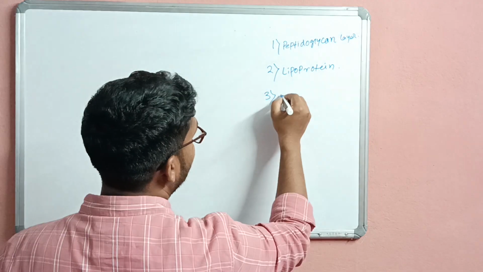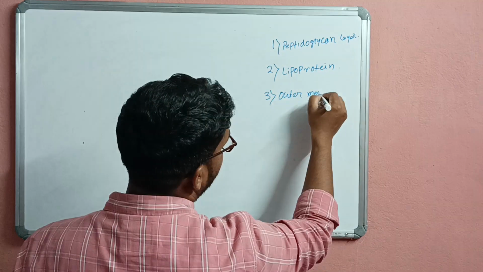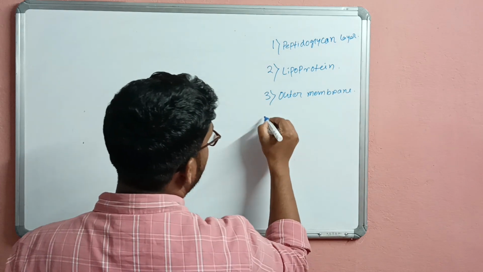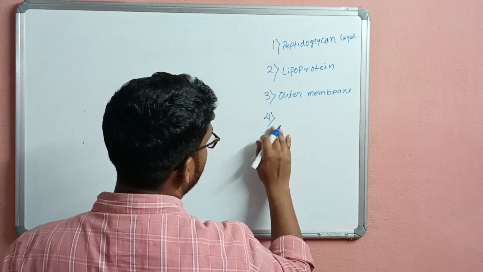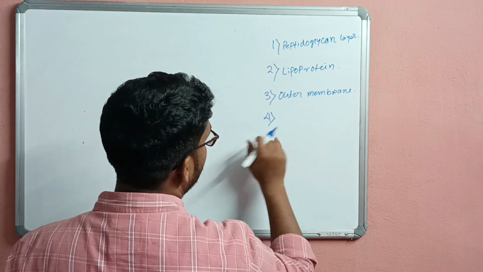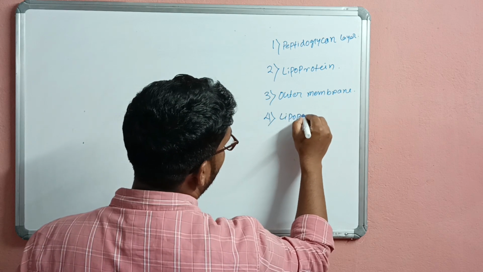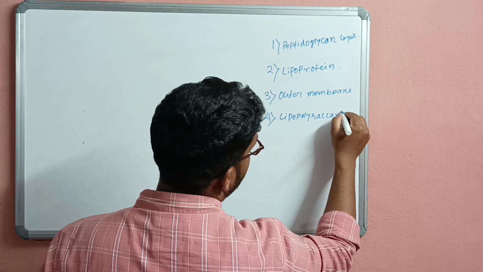Number 3, outer membrane. Number 4, lipopolysaccharide.